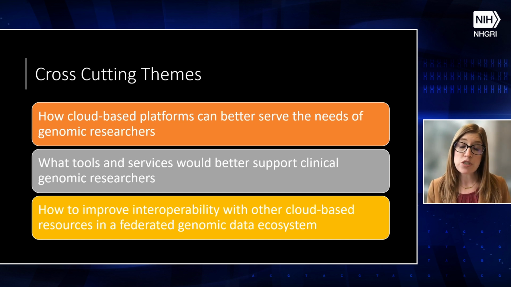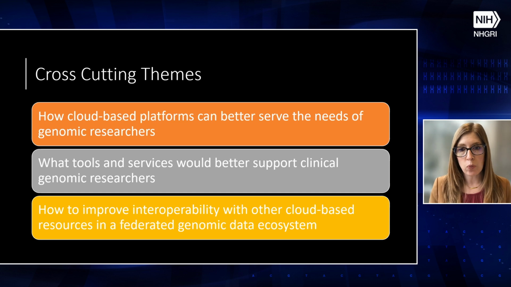What tools and services would be better to support, in particular, the clinical genomics researchers? A lot of the data that is included on the AnVIL platform are clinical genomics data. And so we wanted to talk about what tools they need so that research community is able to leverage the functionality of this cloud-based system. And then how do we improve the interoperability with other cloud-based resources in a federated genomic data ecosystem?